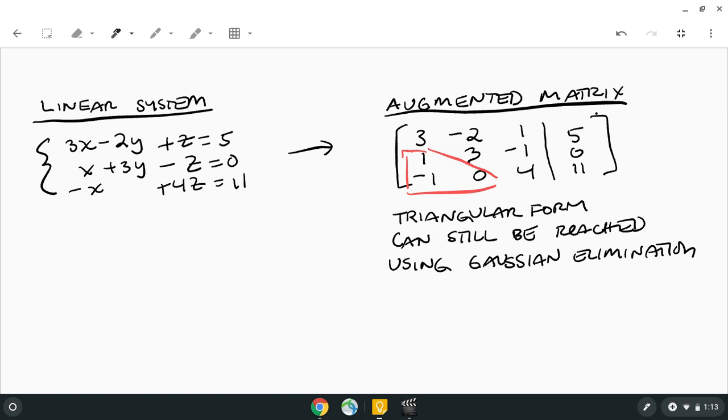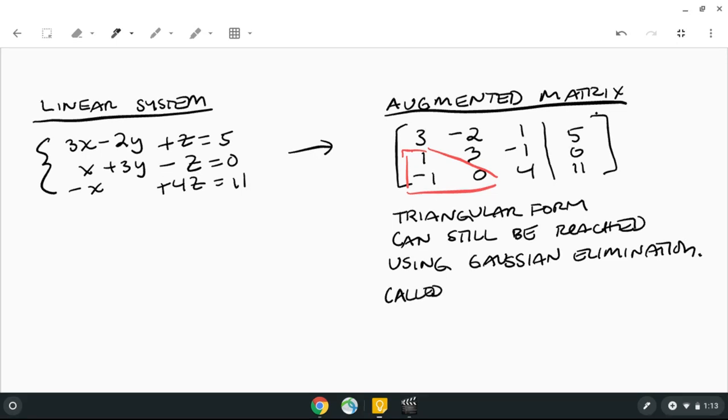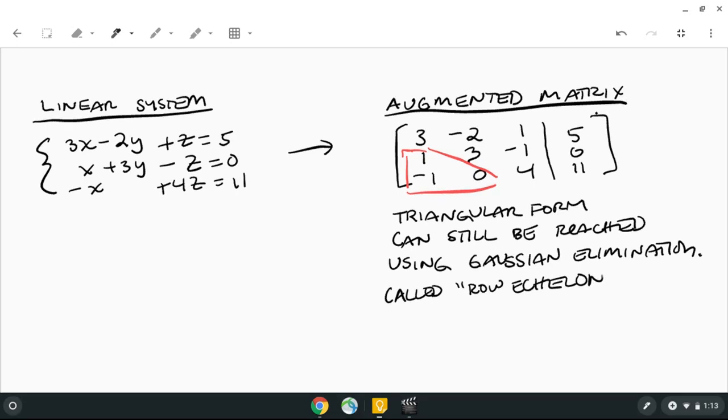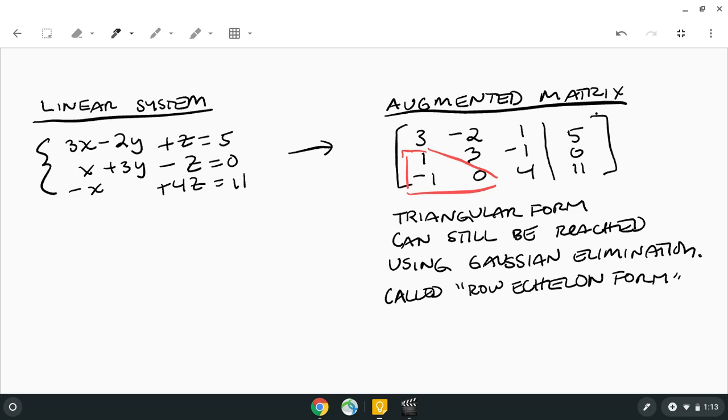And here we don't call it triangular form, it's called row echelon form. Again, we're not doing this in 10.3, we're going to be doing 10.4. But in 10.6, we will revisit how to solve systems using matrices.